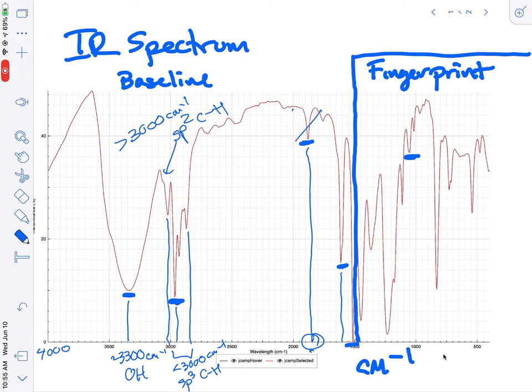So we can eliminate that. We have something that's probably in the 1600s. And let me erase this rather large thing right here. So 1600 wave numbers, this is most likely going to be some kind of carbon-carbon double bond.